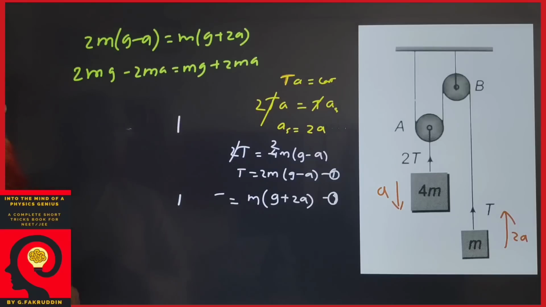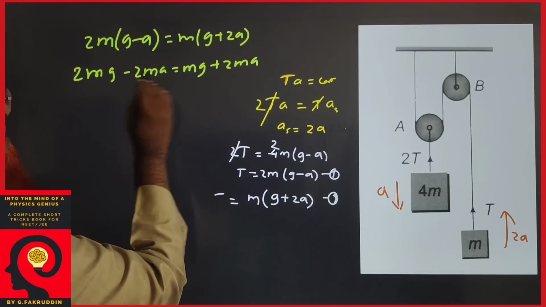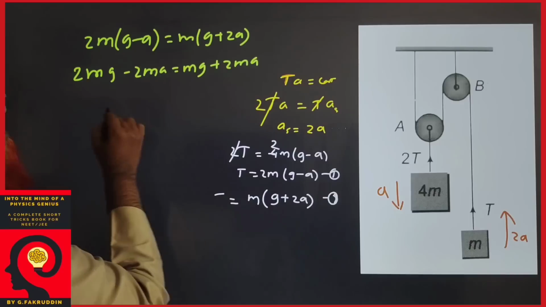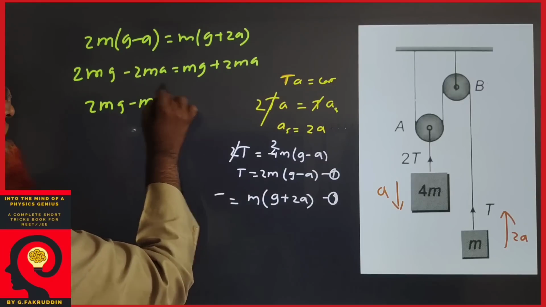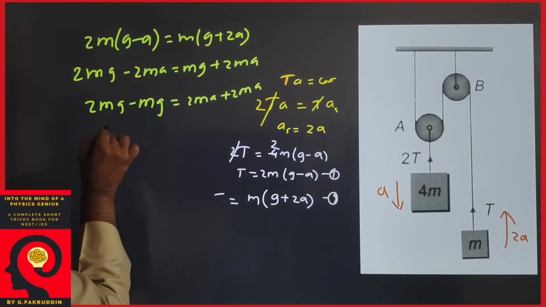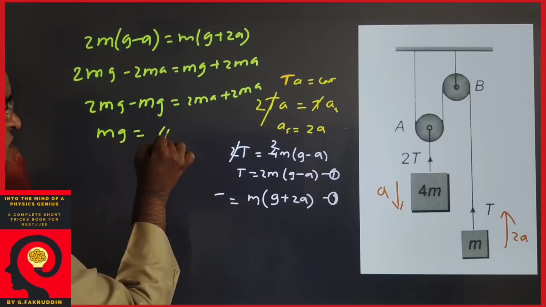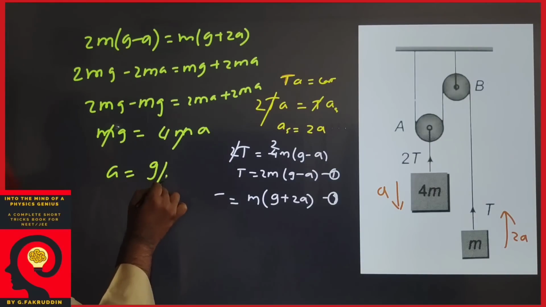So 2ma goes to that side, mg comes to this side. 2mg minus mg is equal to 2ma plus 2ma. Therefore, this is going to be mg and this is going to be 4ma. Therefore, m gets cancelled. Acceleration is equal to g by 4.